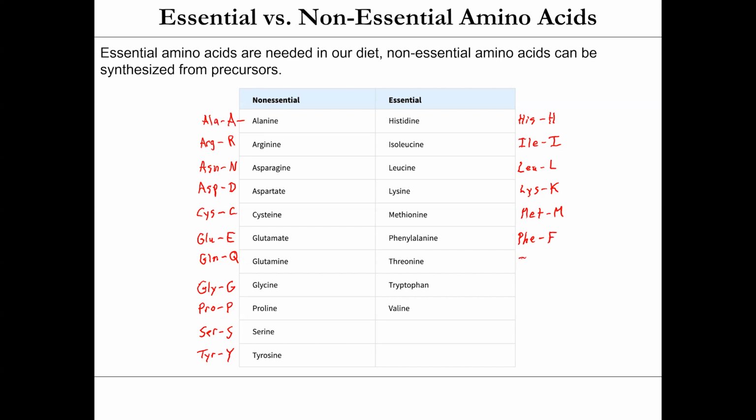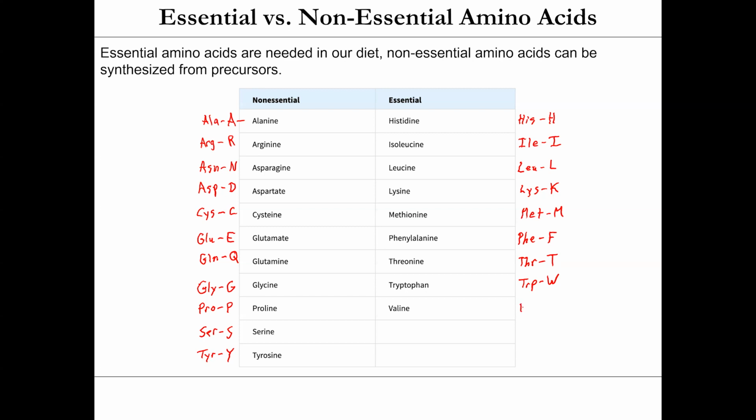Threonine, which has 3 different things, similar to serine but with that methyl group, THR and T. And tryptophan, which is the bulkiest amino acid, so TRP and W.